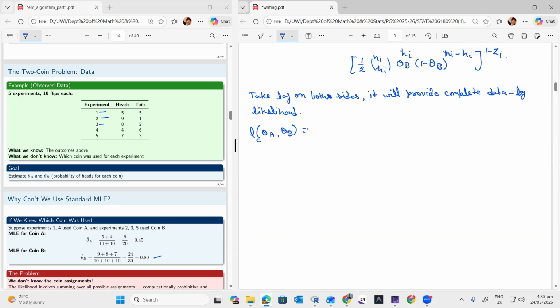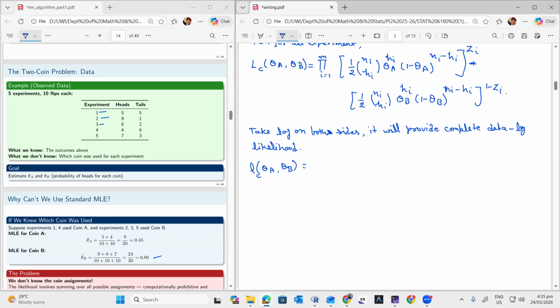So when you take the log likelihood of this function, what will it be? Summation over i goes from 1 to m. The power Zi will come into the summation, in the product basically, and we apply the log inside.